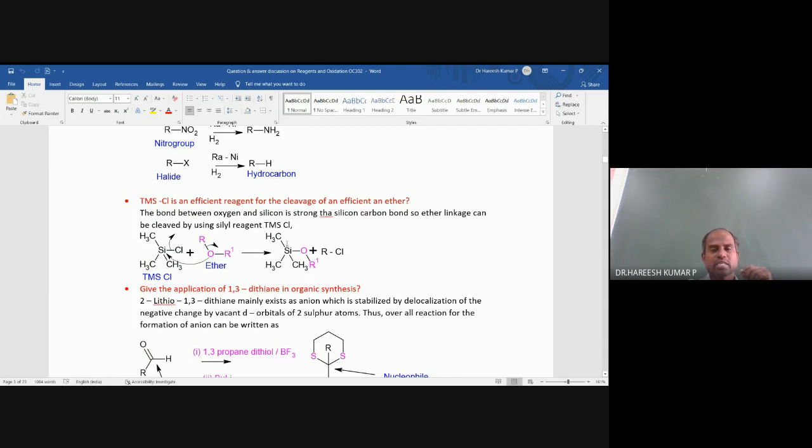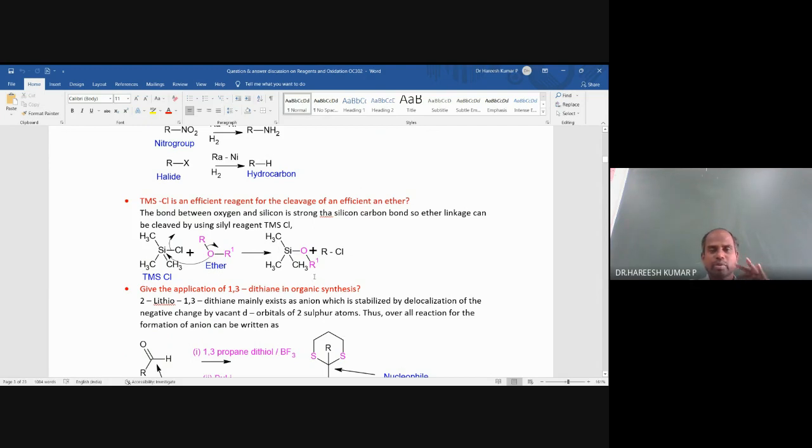One more thing you need to remember: the bond formation between the silicon and oxygen is strong compared to the bond formation between the silicon and other elements such as carbon and halides. Because of that, this reaction proceeds.